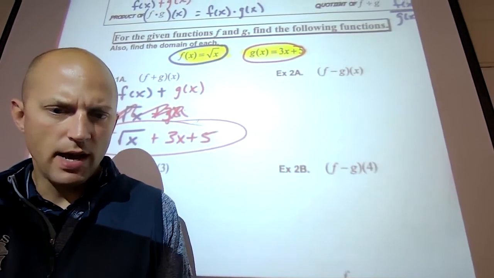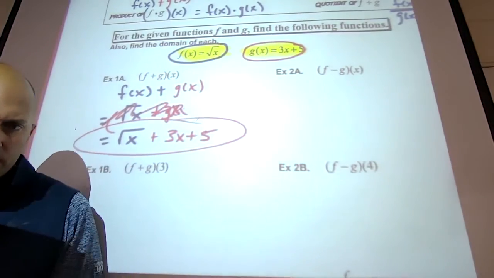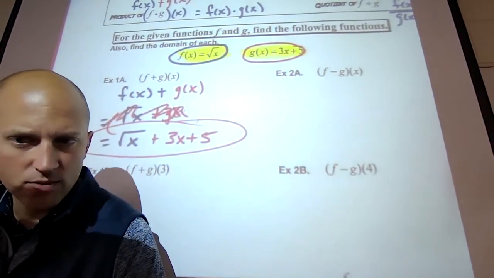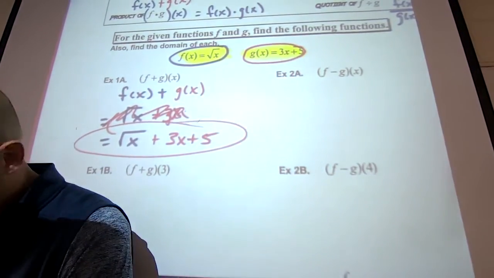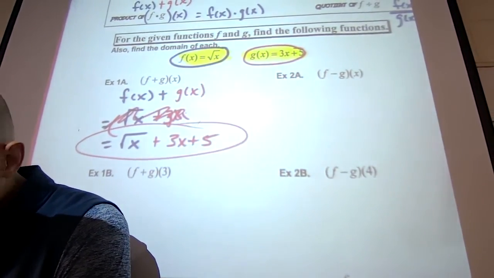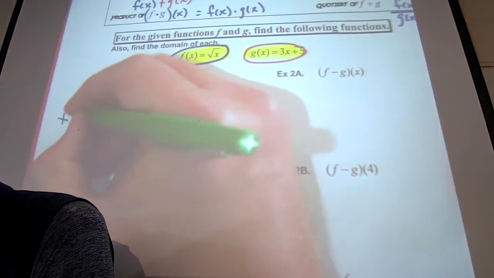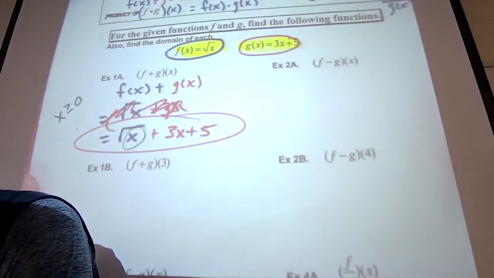Where do I get an error message in my calculator? What can we not square root, y'all? Negative. We can't do negative. So whatever's underneath has got to be greater than or equal to 0.